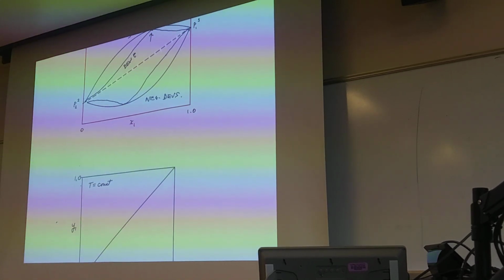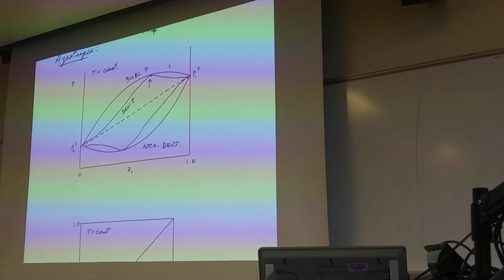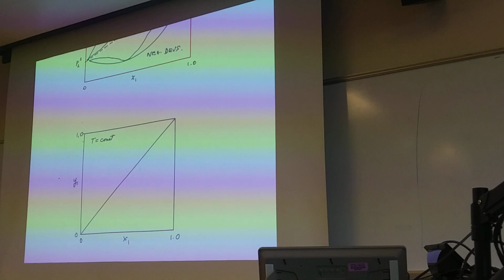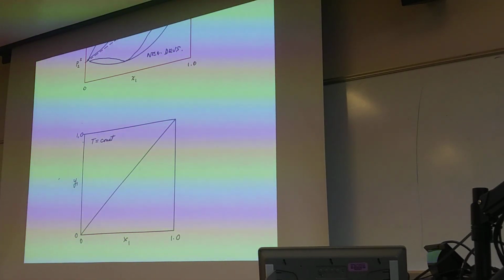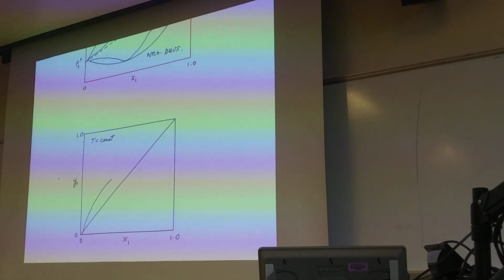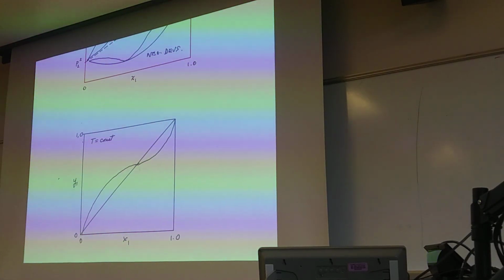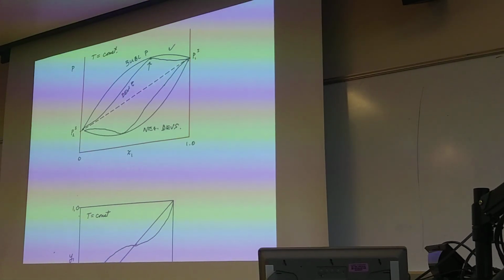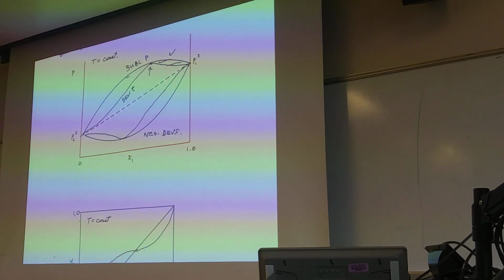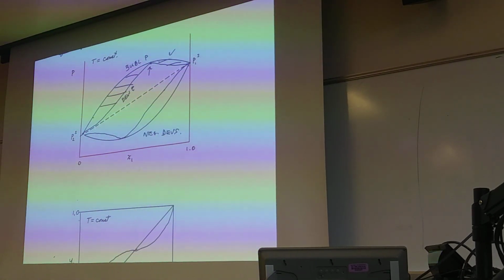Now, an interesting thing, let's look at this top set of curves. So that's at constant temperature. At the azeotrope, I have a volatility reversal. So the y-x curve is going to look like this. I've got tie lines here, but here I've got the vapor phase composition having the higher value of x1.